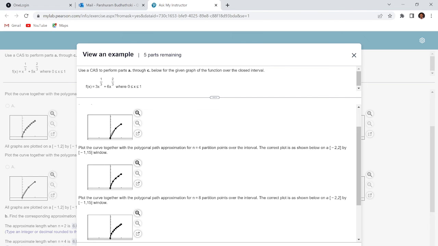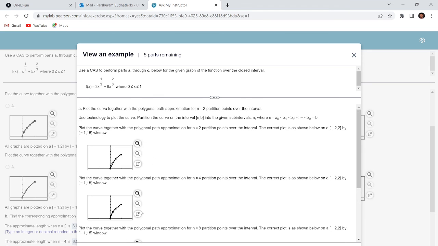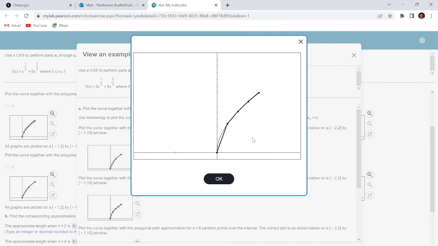You can repeat the same thing, but instead of 0 to 2, now there will be 0 to 4. You are using the second part of this graph. Where is that? This one. How many points from 0 to 1? 1, 2, 3, 4, 5 points. So you are dividing 0 to 1 into 4 sub-intervals.